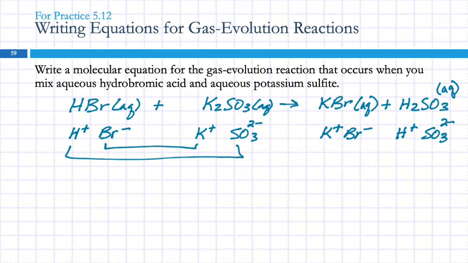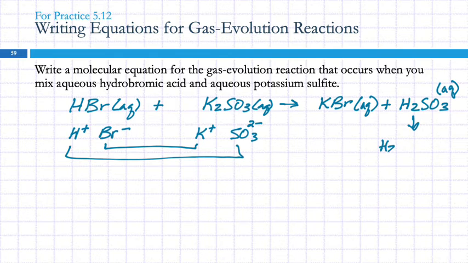Now, the title tells us, and the question tells us, this is a gas evolution reaction. So which of these guys looks most like the ones that were in the table? It's got to be this one, huh? So this is going to decompose. It's going to make water, and whatever's left after I take 2 hydrogens and an oxygen off of it. So this is going to decompose.